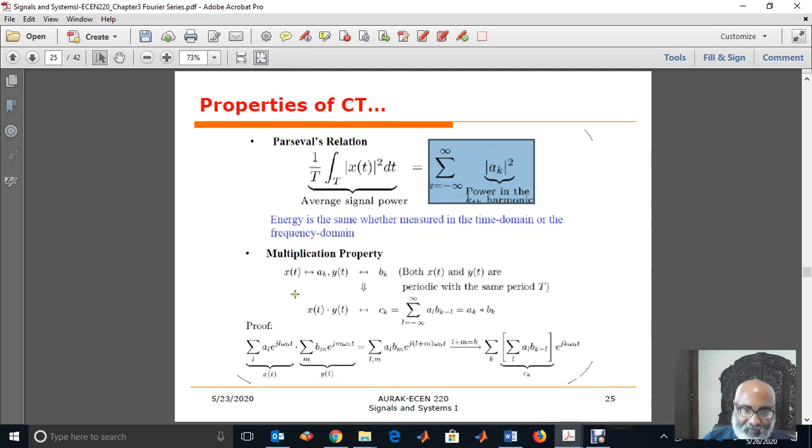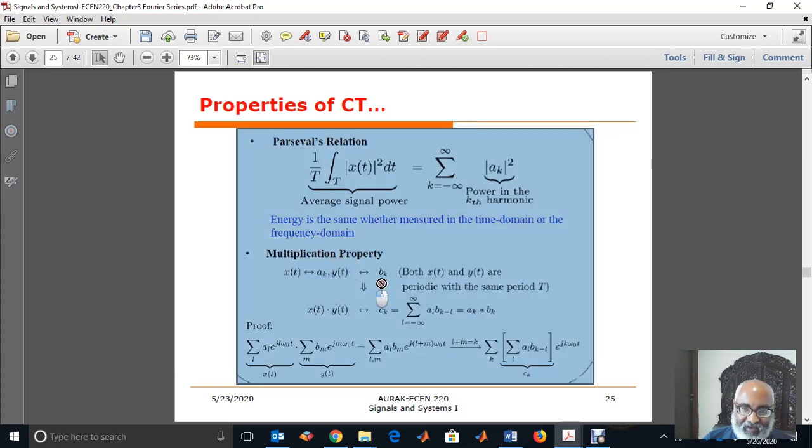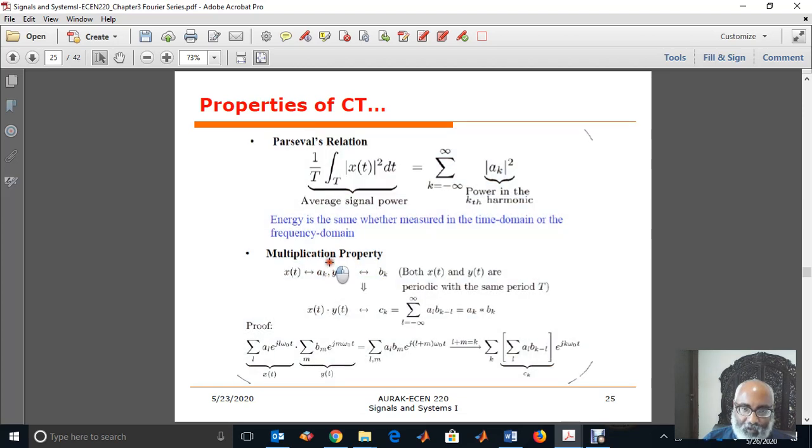The other property is the multiplication property. If you have two periodic signals, one with Fourier series a_k and the other, y of t, with Fourier series b_k, then if you multiply x of t with y of t, what happens? Multiplication in time domain, and the Fourier series representation of the product signal, if I call it c_k, will be the convolution of a_k with b_k.